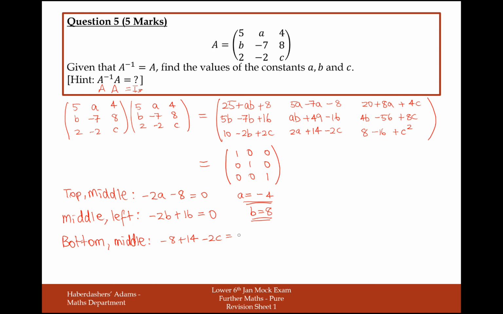Bottom middle is a 0, so I'll use my 0 there. So from here I can work out that 2c is going to equal 6, so c is going to equal 3. So the answers here are a equals minus 4, b equals 8, and c equals 3. 5 marks.